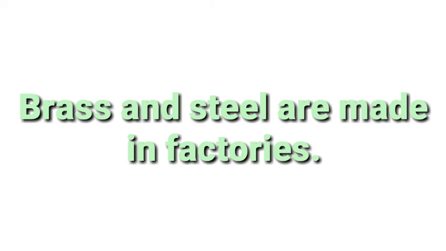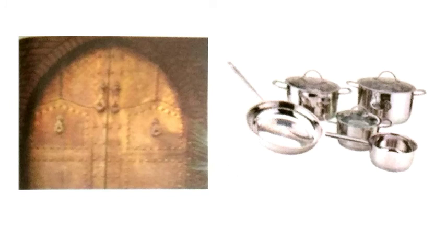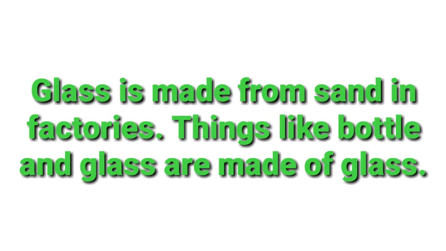Next thing, brass and steel are made in factories. These two are the metals that are made in the factories. From brass we are making doors, and from steel we are making utensils. Okay, these are the examples.